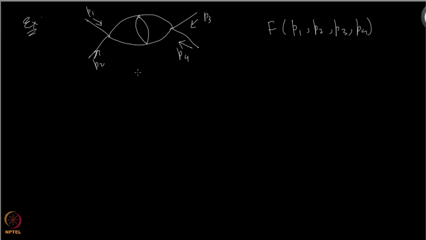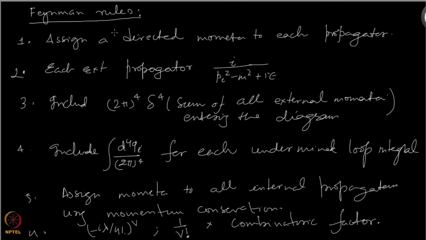Okay, now try to assign first the momentum here and see how many are undetermined. Okay, and then fix all the remaining ones in terms of the external momenta and the undetermined momenta, and write down the expression using these rules, which you have made.